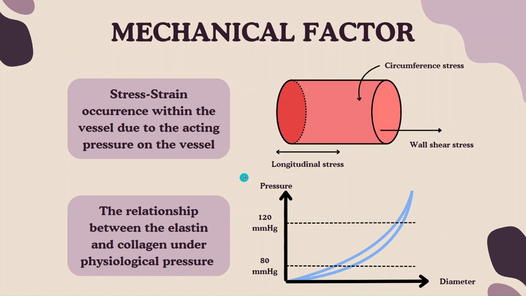Next is the mechanical factors. There are 2 points that I would like to make. The first one is the stress rate occurrence. Since the vascular graft that is going to be placed in the new area is subject to the cardiac cycle, meaning that there will be a constant change in the blood pressure, this pressure is going to act on the vessel wall in every direction.